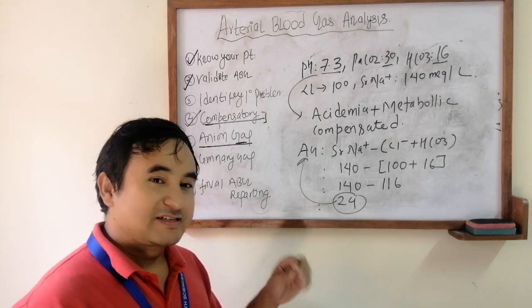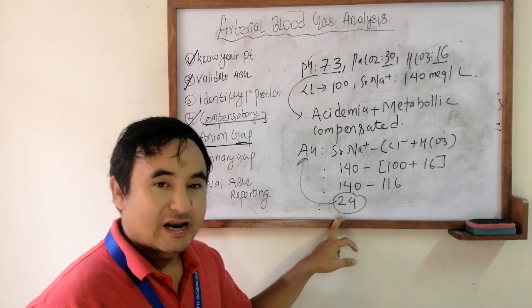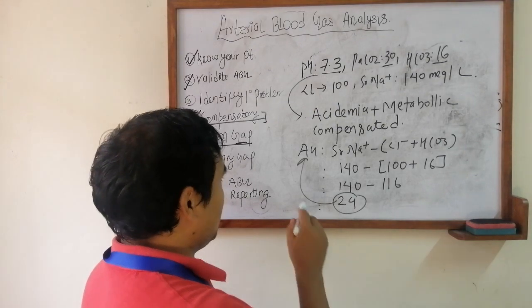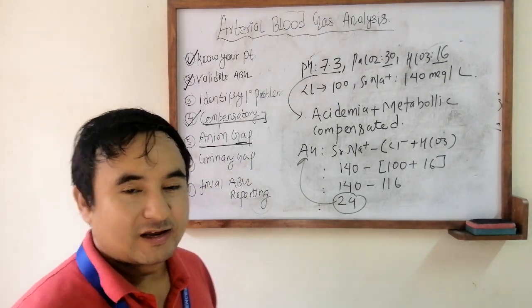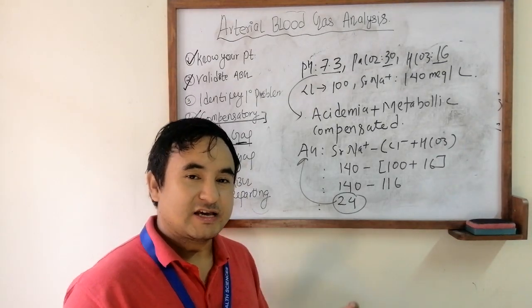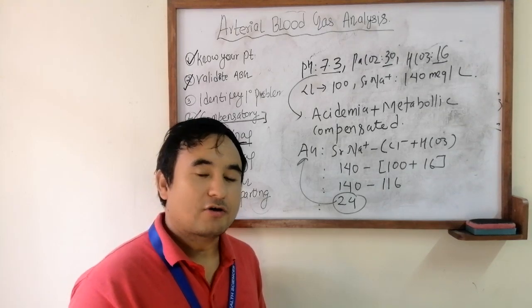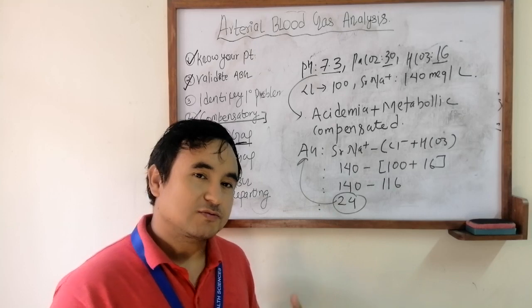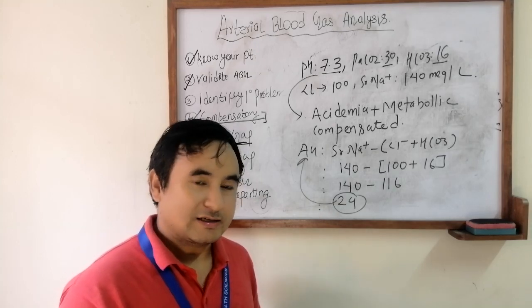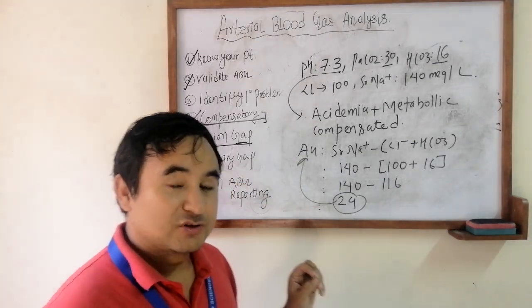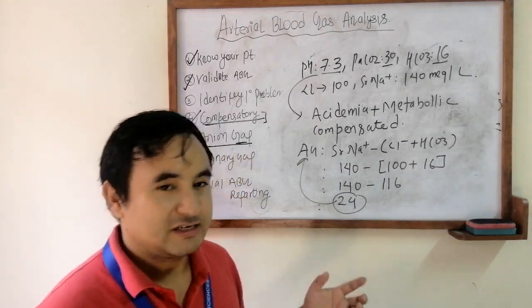In case of diabetic ketoacidosis, there can be a high anion gap. You have to know the causes of high anion gap. Let us revise it again: CKD, lactic acidosis, diabetic ketoacidosis, alcohol intoxications are the common causes for high anion gap metabolic acidosis. So if you see this type of report, you have to think whether the patient might be suffering from diabetic ketoacidosis or CKD, like that.